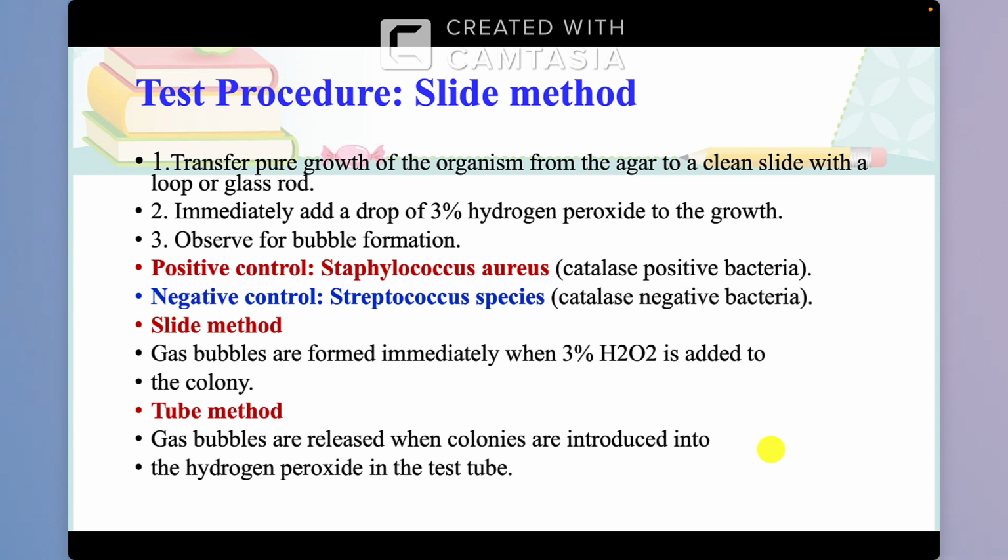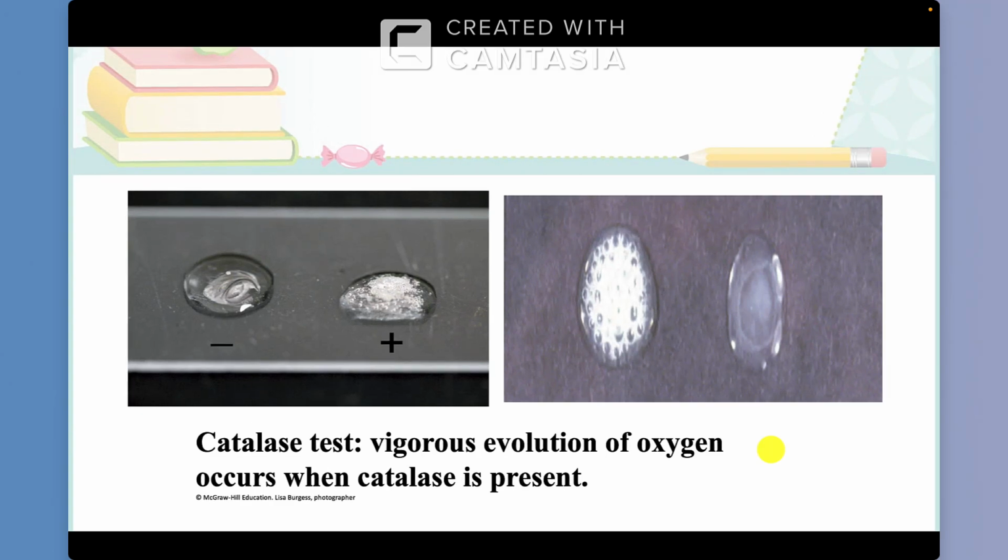It will give me gas bubbles, which is oxygen, formed immediately when I add the colony. Look, this is the slide test, and this is the positive, and this is negative.